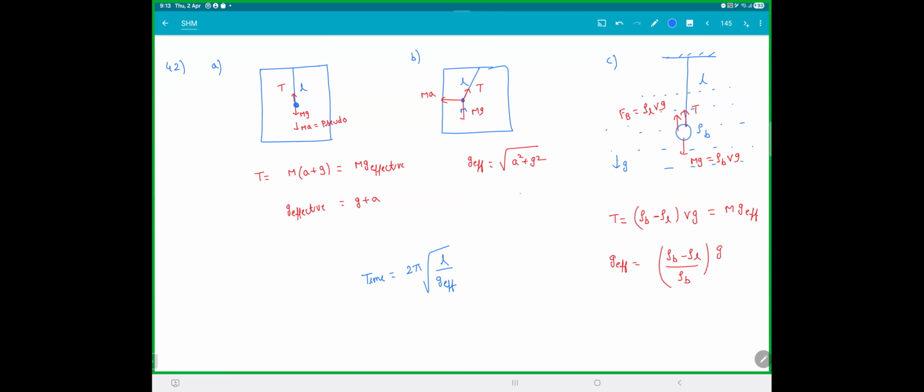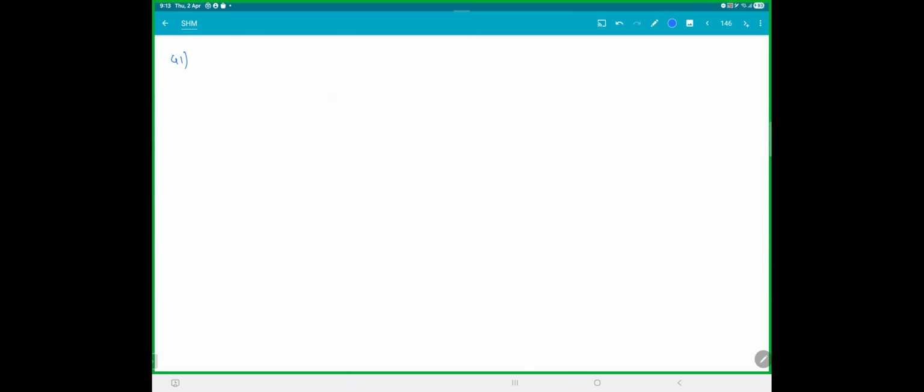This is another good one. So we have a rod here. We got a hinge here.